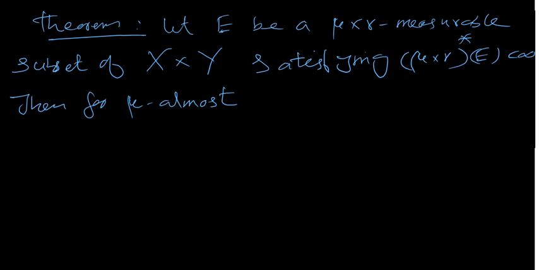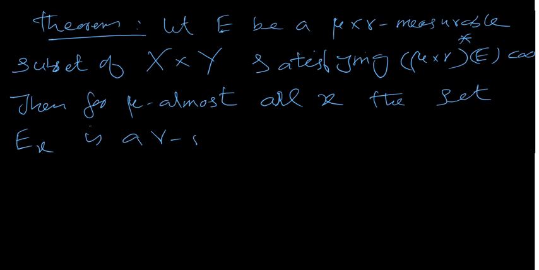For mu almost all x, the set Ex is nu measurable, because it's a subset of y, but it's a function of x actually, since it will vary with x. Ex is a nu measurable subset of y.